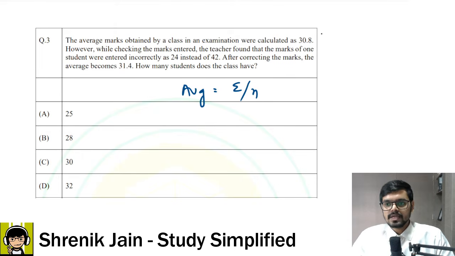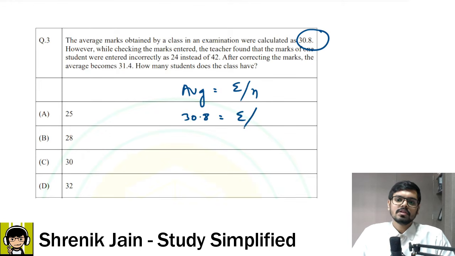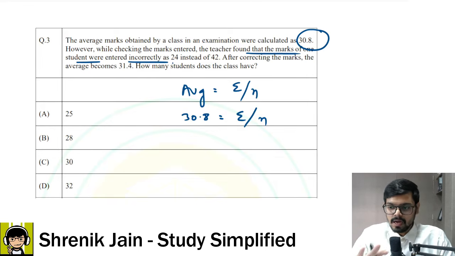How? First they are saying the average is 30.8, when you did the sum of all the marks of the students divided by the number of students, right? But then the teacher found a mistake. For one student, they incorrectly entered 24 instead of 42. Now after replacing 24 with 42 and calculating again, the average came out as 31.4.